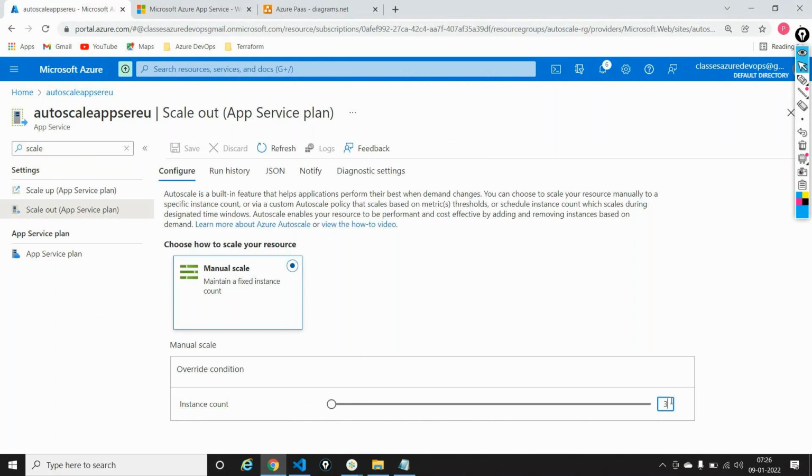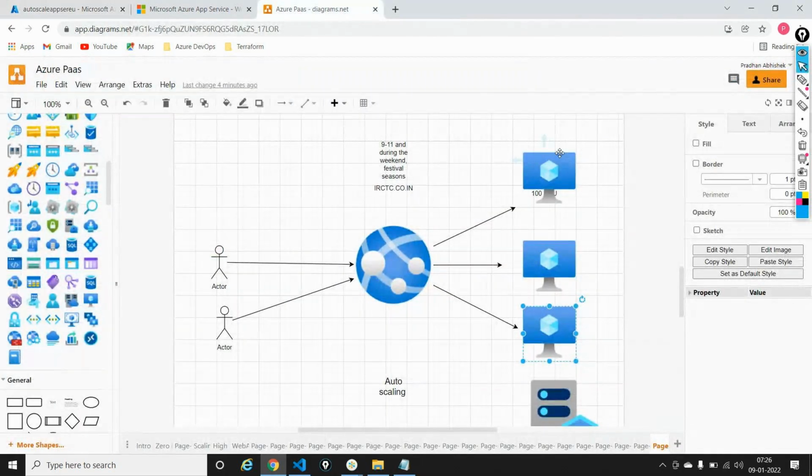I'm just telling Microsoft, just give me three out here. And the creation of these machines in the backend is taken care of completely by the platform, or the service provider, in our case, Azure. So Microsoft is responsible now to give you all these resources and handle them, make sure that the traffic is going to them. All you are handling is this level.